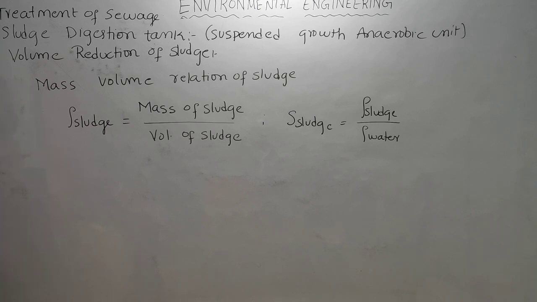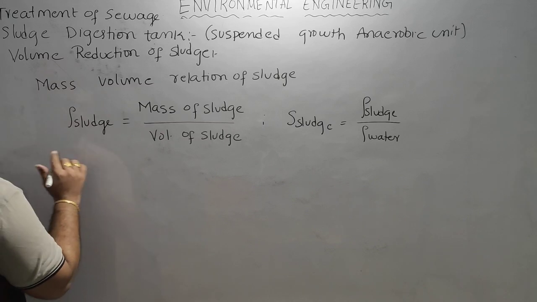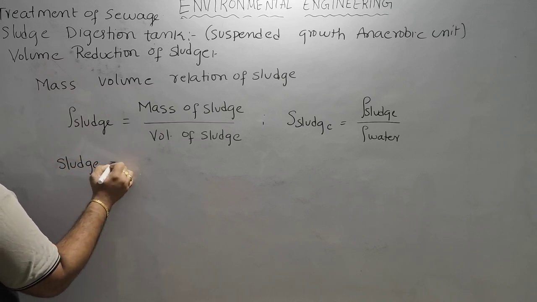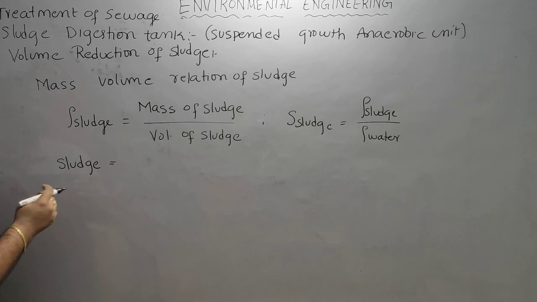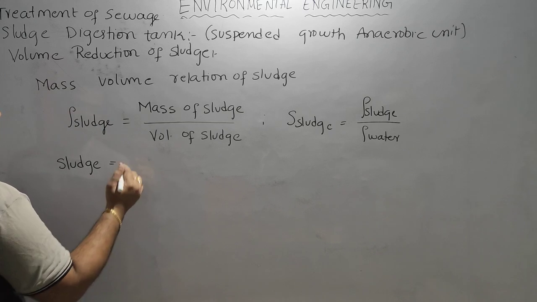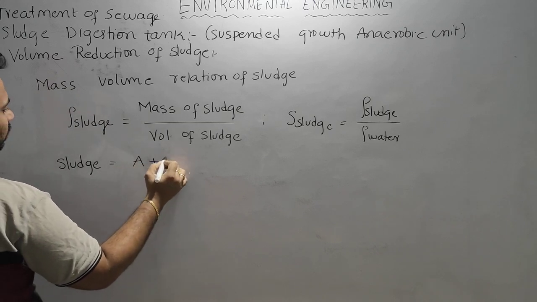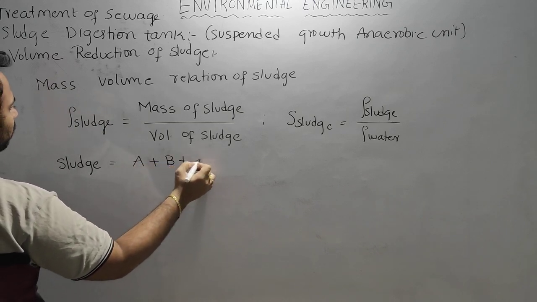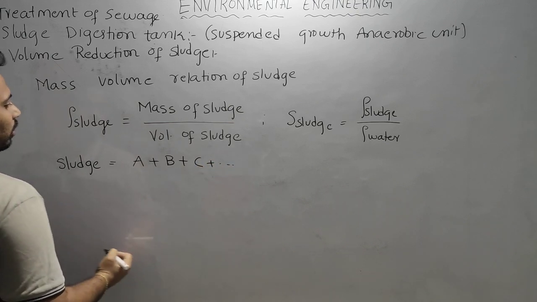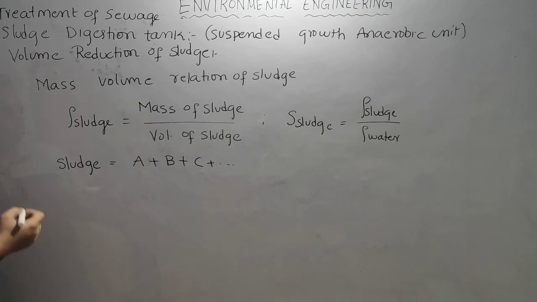Now, for example, the sludge contains different kinds of molecules. Let us say molecule A, some molecule B, some molecule C, and so on. Different proportions are also there.